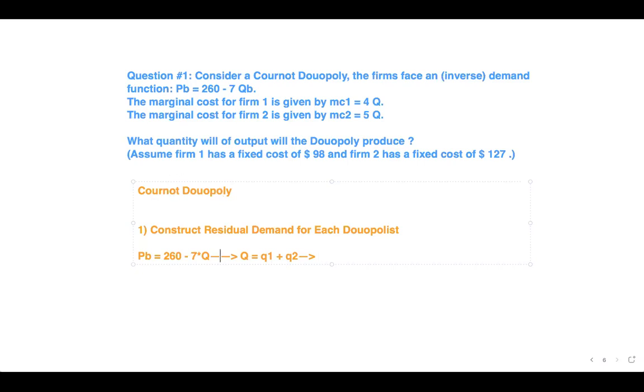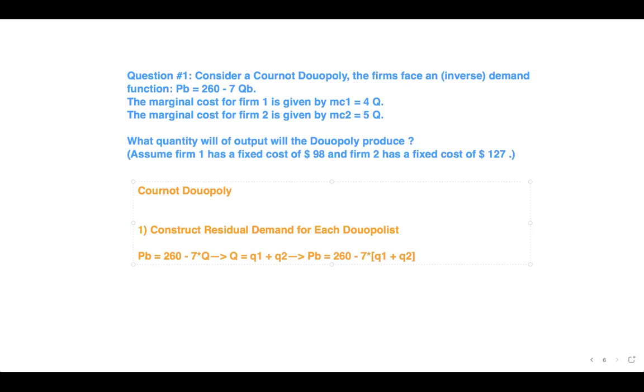It's a little bit cleaner. Then we'll write PB equals 260 minus 7 times (Q1 plus Q2). Okay, so you see what I've done, Joshua? Yeah, dude, that makes sense.